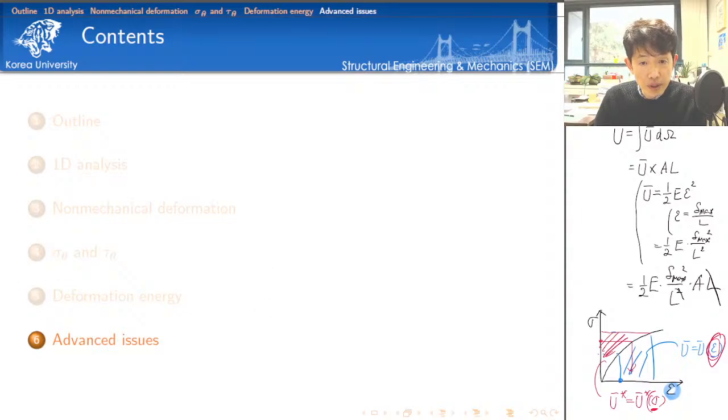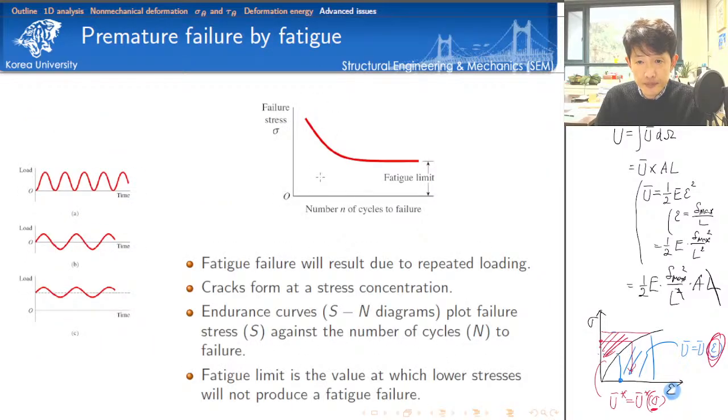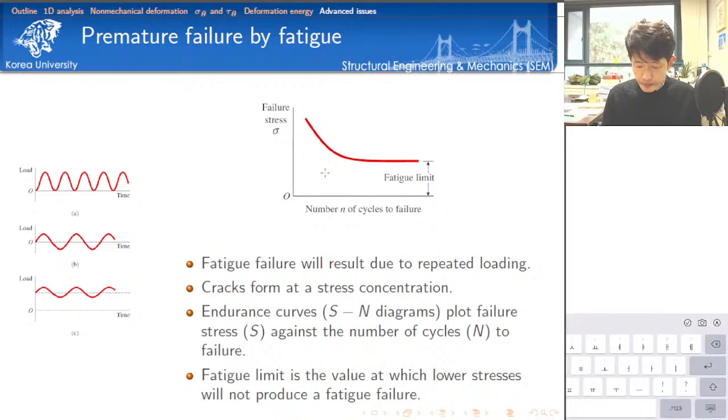If you don't have any further questions, I want to consider some more advanced topics. The first one is premature failure by fatigue.